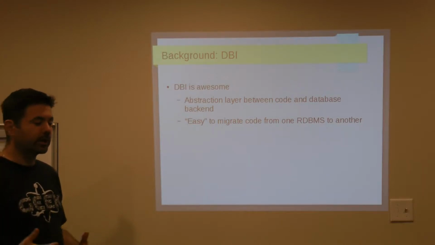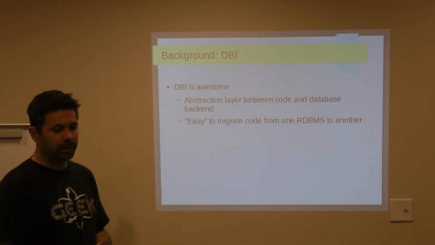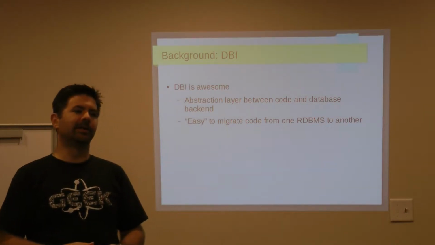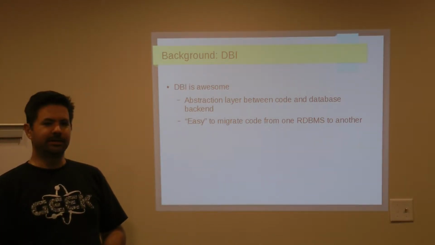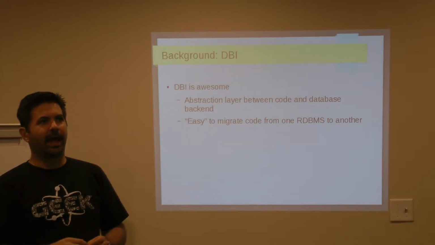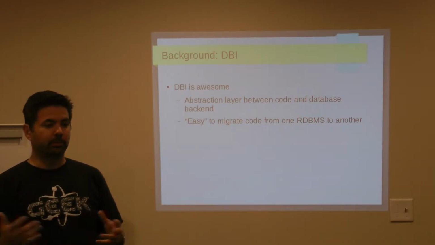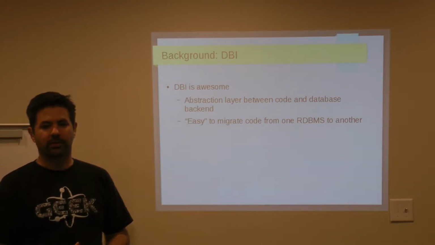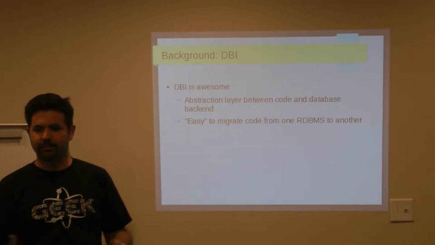I remember when I first started doing stuff with Perl, and I was using Postgres. I think it was Postgres 95 back then. It's like 1997, something like that, and I was using the Postgres module, and it was shortly after that DBI came out.